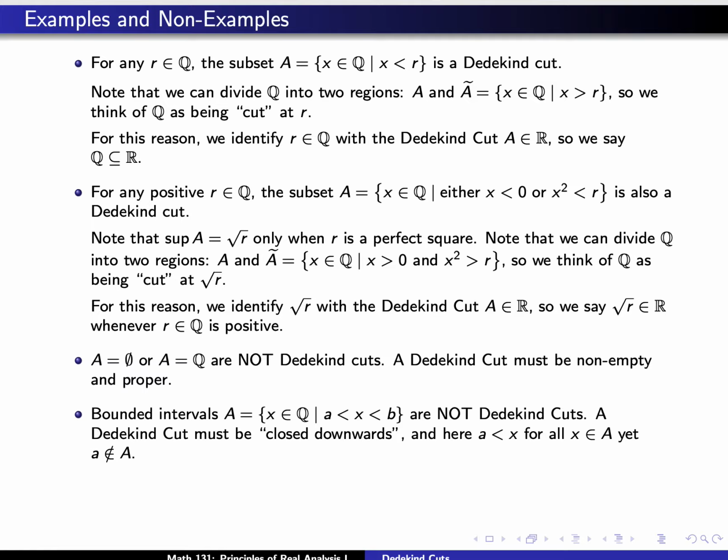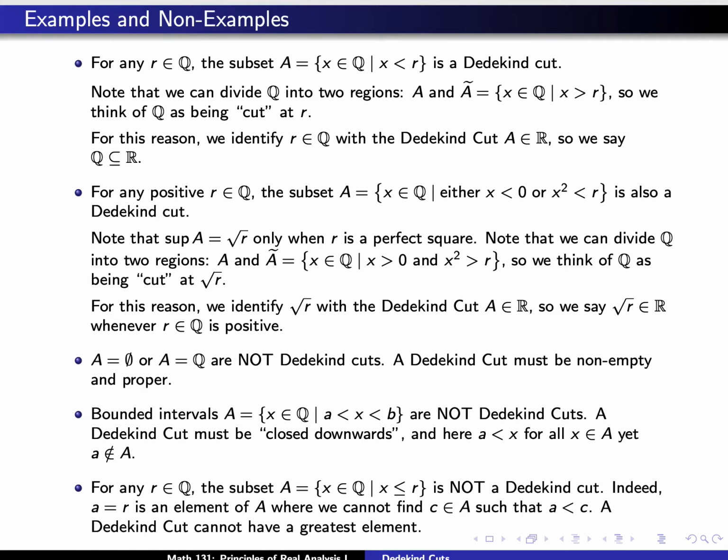Finally, let's consider a rational number R and the subset capital A, which consists of rational numbers x, such that x is less than or equal to R. Earlier, we took a look at the set x is less than R and saw that it was a Dedekind cut. Now when we say x is less than or equal to R, this is not a Dedekind cut.